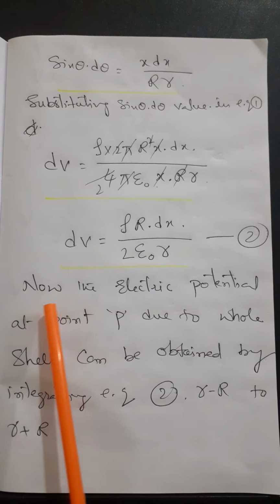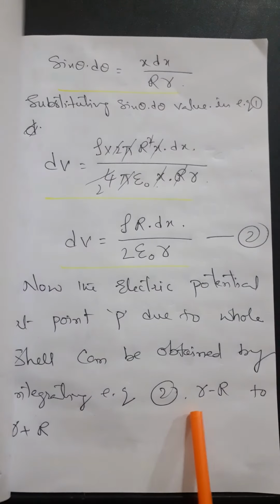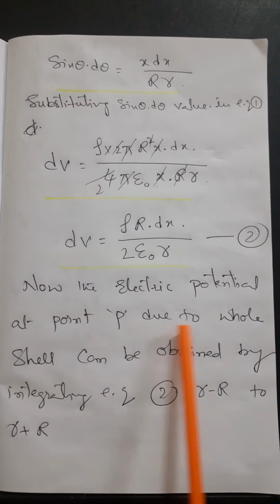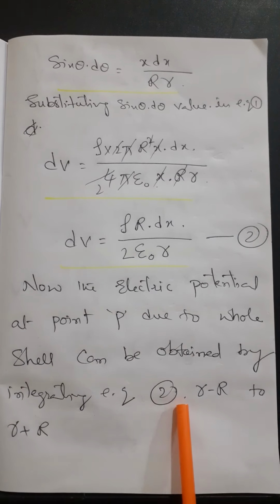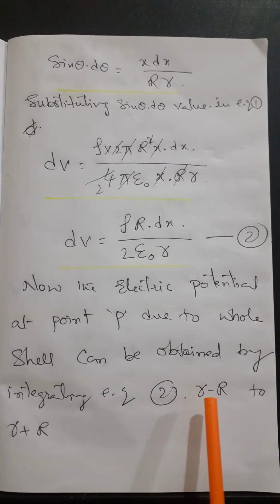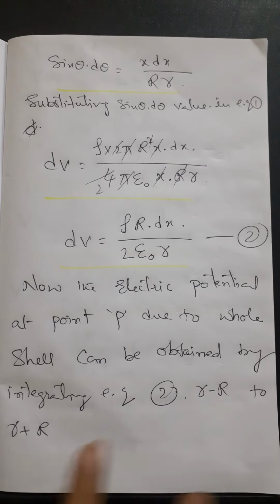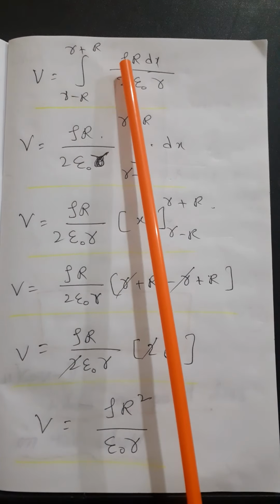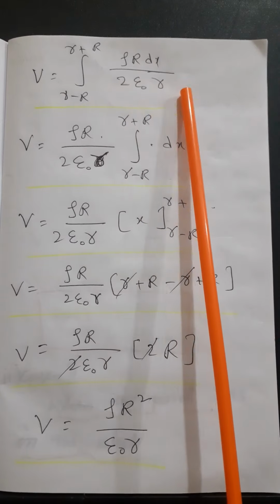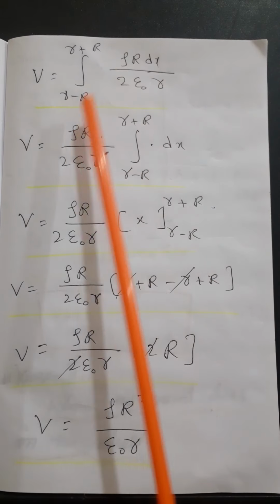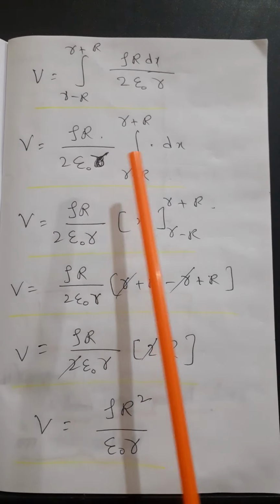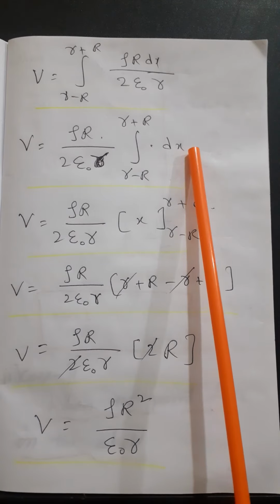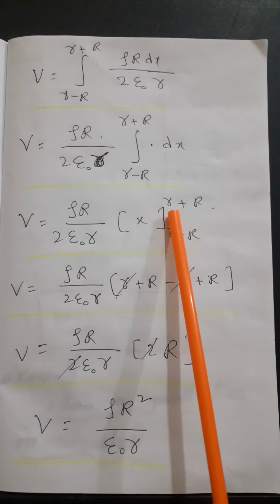Now we have to calculate the electric potential due to the whole shell. For that purpose we have to integrate from capital R minus small r to capital R plus small r. So the electric potential at point P due to the whole shell can be obtained by integrating the second equation from R minus r to R plus r, integration of rho r dx by 2 epsilon naught R. If you take out the constant rho r by 2 epsilon naught R, it becomes the integral from R minus r to R plus r of dx, and integration of this is x between R minus r and R plus r.